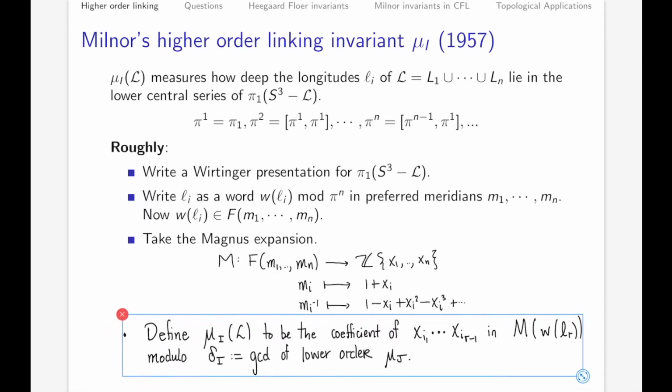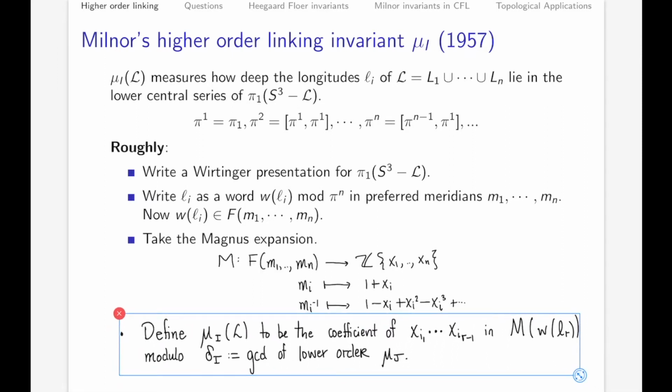Then what you can do is define mu I, for indexing I, to be the coefficient of xi1 through xi(r minus 1) in the Magnus expansion of this word for the longitude LR. And you have to take it modulo the GCD of lower order Milnor invariants. So there's a bit of indeterminacy in here.